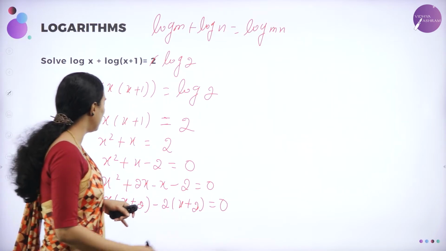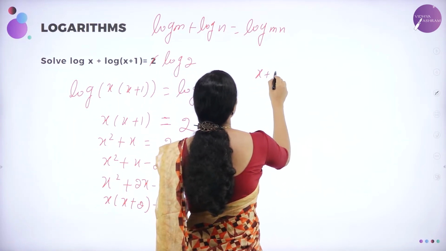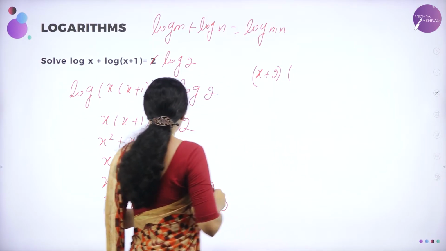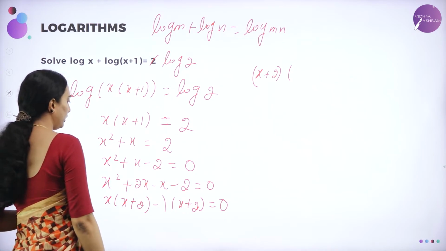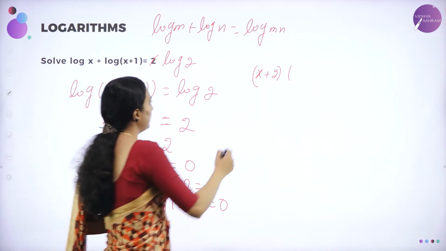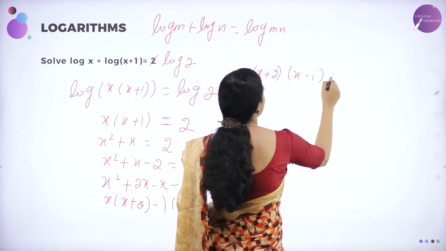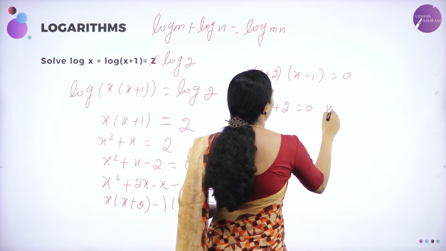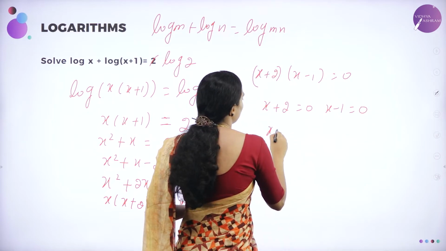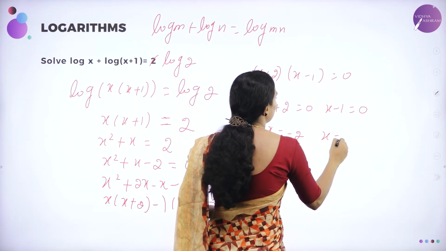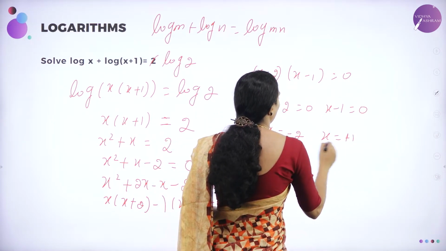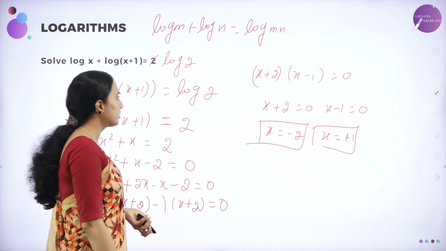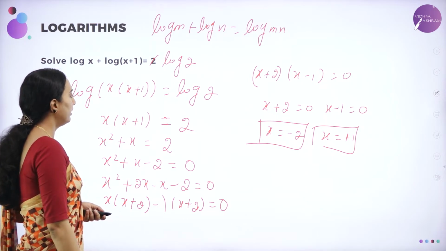Therefore, by solving this, x plus 2 into x minus 1 is equal to 0. Otherwise, x plus 2 is equal to 0, x minus 1 is equal to 0. So x is equal to minus 2, x is equal to plus 1 is your answer for x. That's it. Any doubt in this? Okay. We'll move on to the next question.